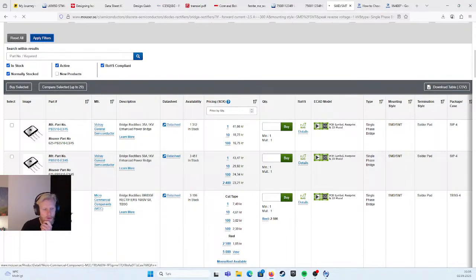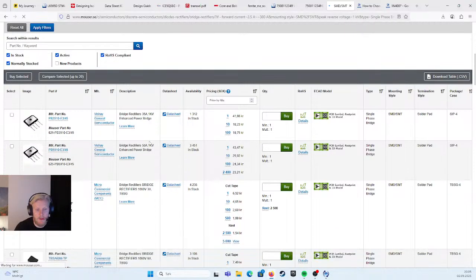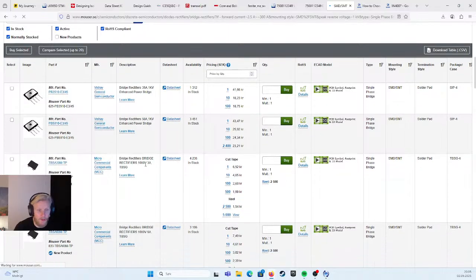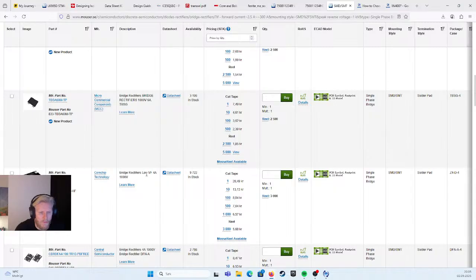And here was one very cheap. So let's see, bridge rectifier is 35 amps. Sounds a bit excessive, but here, for example, bridge rectifier TBS A30MTP, 1000 volts, 3 amperes. Quite cheap. 6.5. Low forward voltage, 4 amps. A bit more expensive and a bit different package.